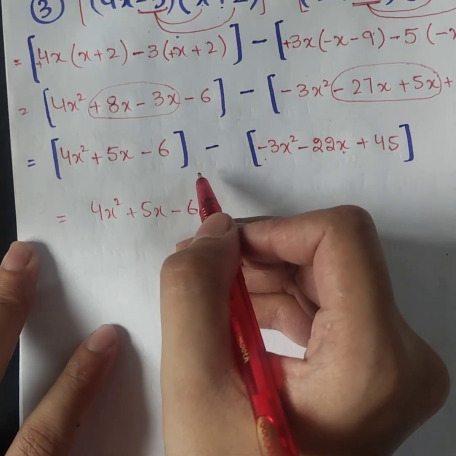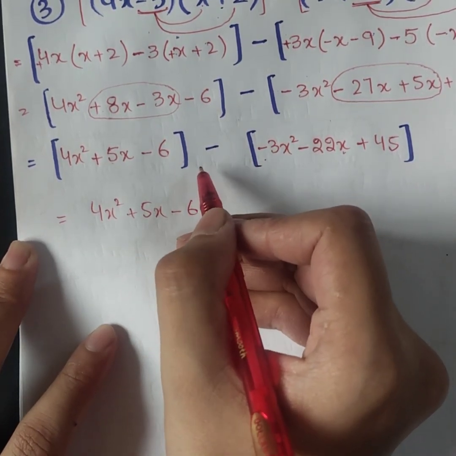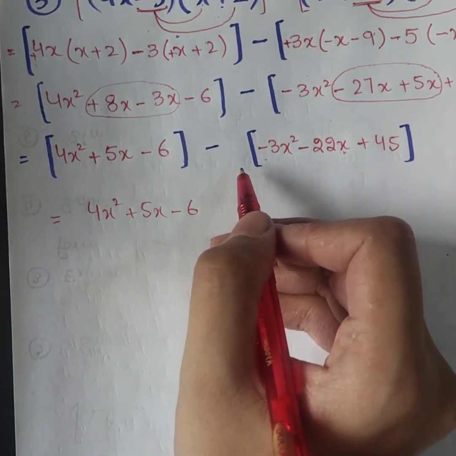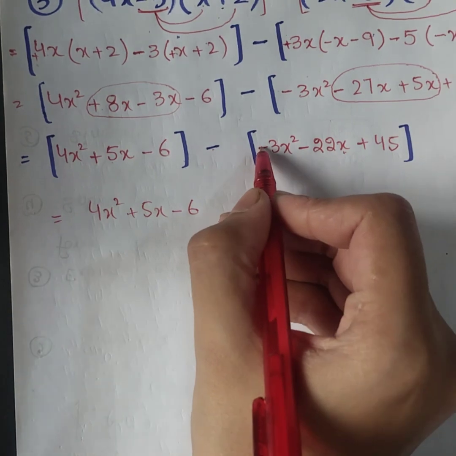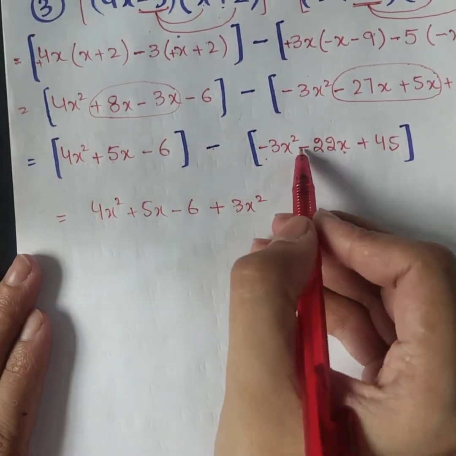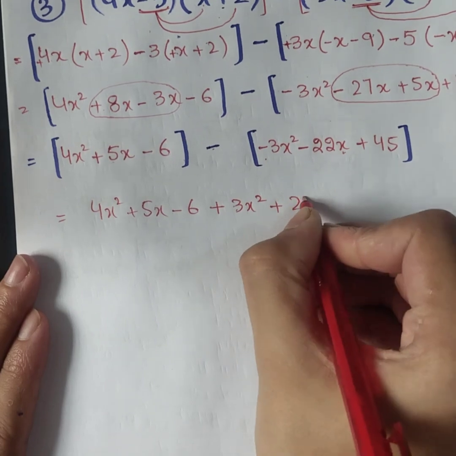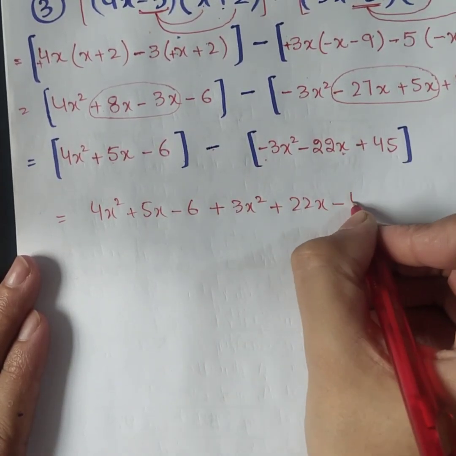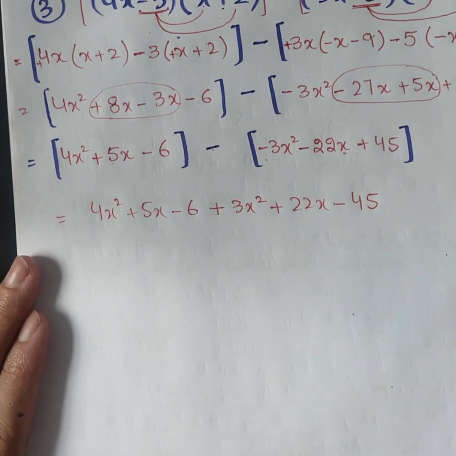When you multiply the minus sign with the bracket, you have to change the sign of the inner values. Minus minus becomes plus 3x square, minus minus becomes plus 22x, and minus and plus becomes minus 45.